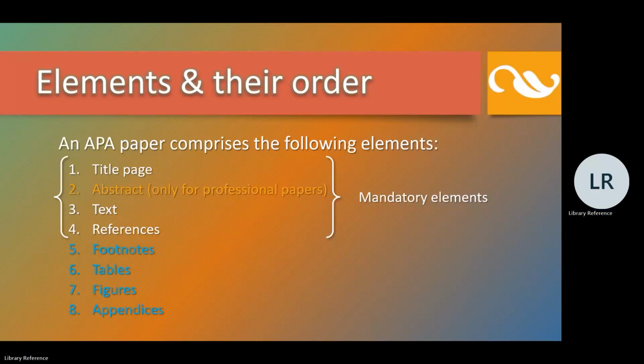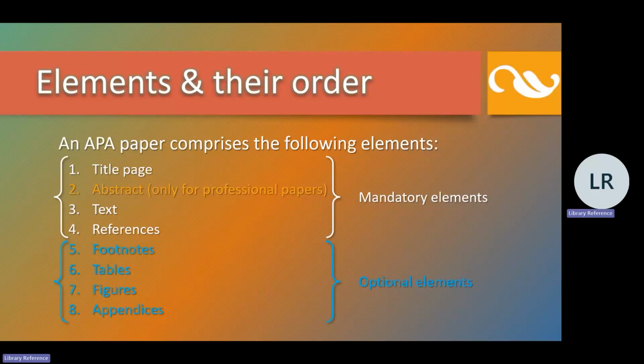So numbers 5, 6, 7, and 8 in our list are what we call the optional elements, and they may be present or not either in a student or in a professional paper.